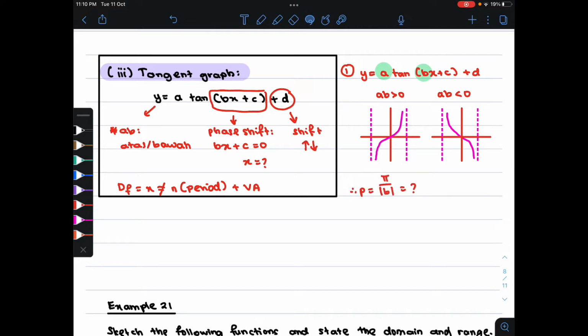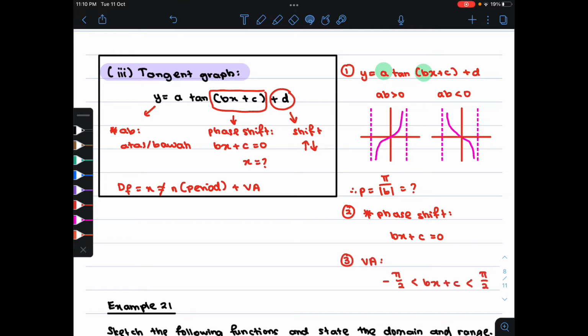You also need to find the period p, but this time for tangent only, the period will be pi over modulus b. For the second step, you just need to find the phase shift only. So let everything inside the bracket equal 0, and then find the value of x.